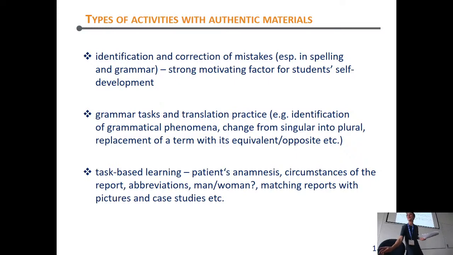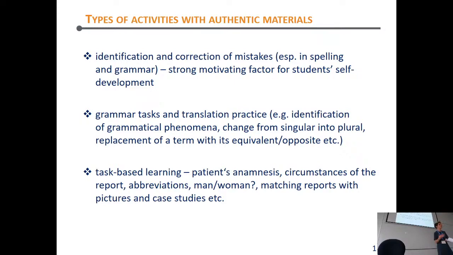Thank you. Okay, I'm going to present some particular activities and strategies that can be used based on these medical documentations, whether these are reports, dissection protocols, or prescriptions. To start with, all these types of activities should aim at some kind of active engagement of students in the teaching process.